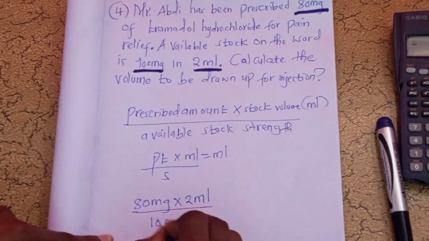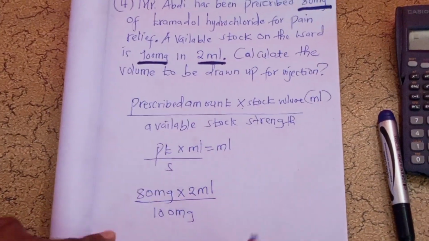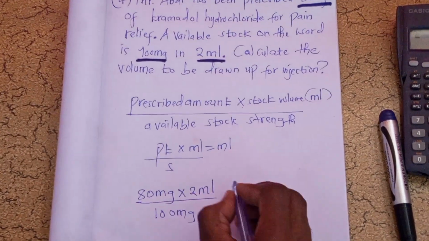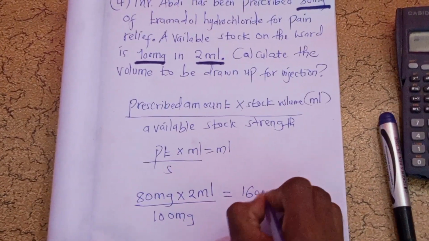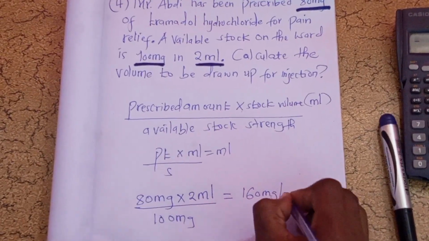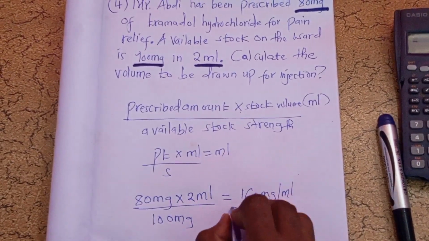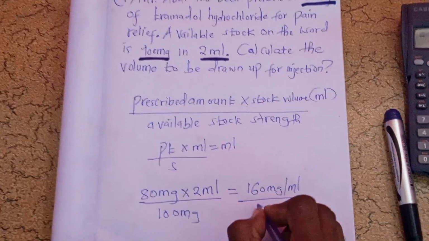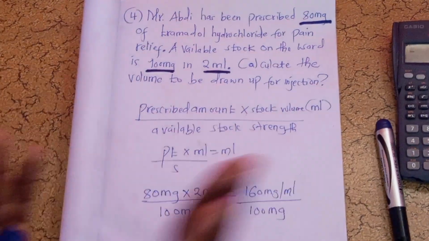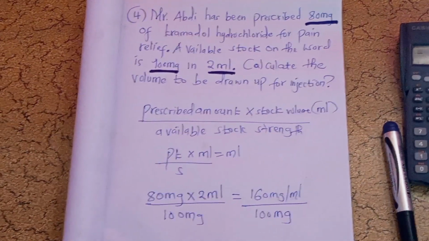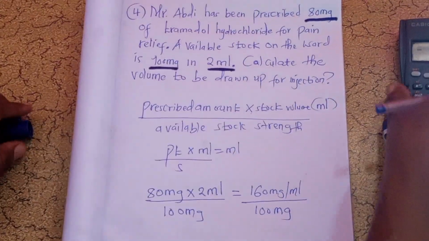When you multiply 80 mg times 2 ml, that gives us 160 mg per ml, all over divided by 100 mg. So we shall see now the final volume which we are supposed to give the patient.